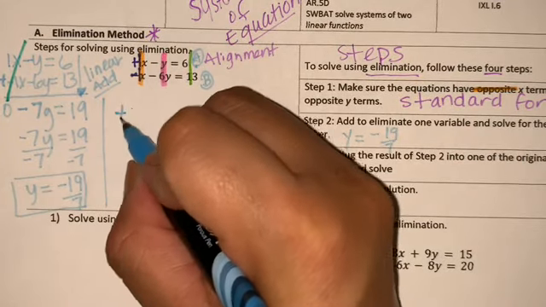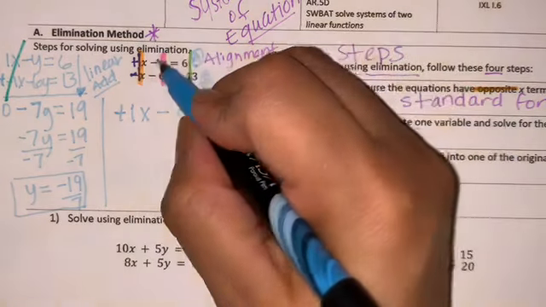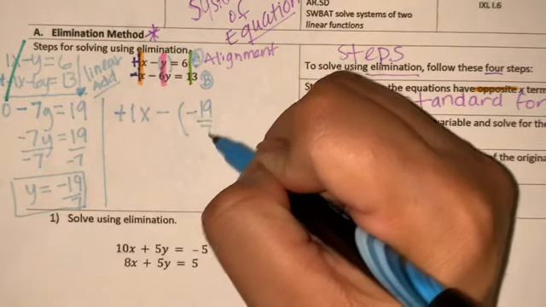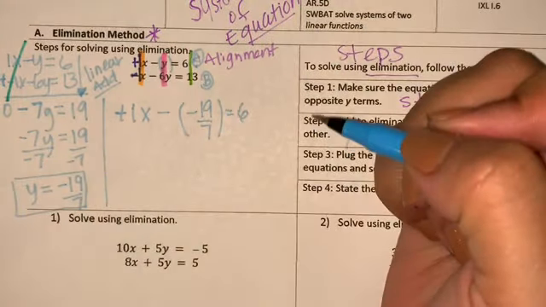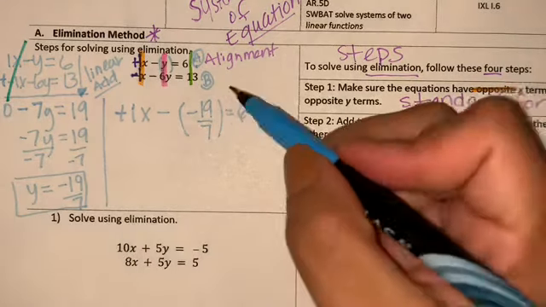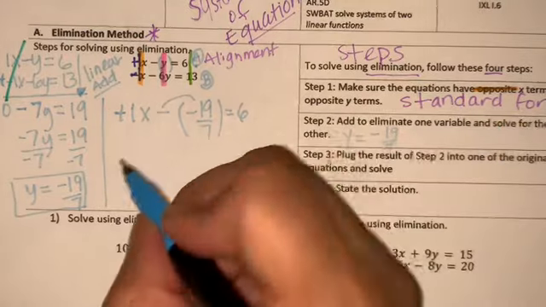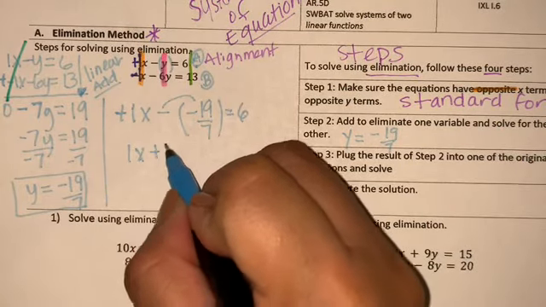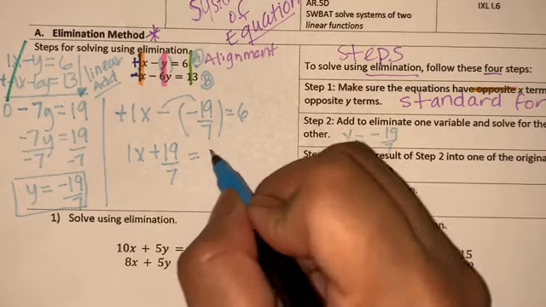You have positive 1x minus, remember this is in parentheses, minus 19 over 7 equals 6. We're going to distribute that negative into that parentheses, so that means multiplication. So I have 1x plus 19 over 7 equals 6.